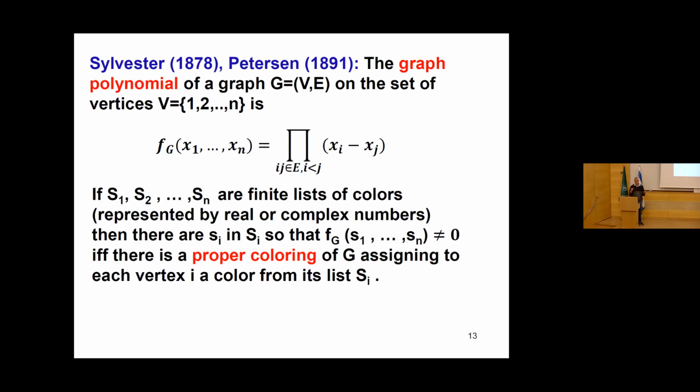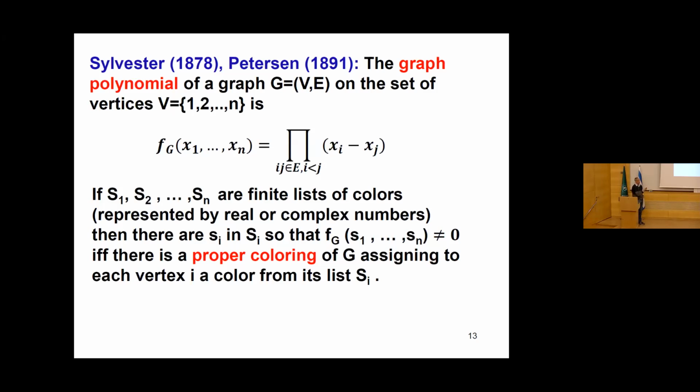So maybe you wondered why a perfect matching in a graph is called a 1-factor. What is a factor here? This is really the reason, because it's a divisor of some polynomial. Okay, but anyway, here is the polynomial they defined.